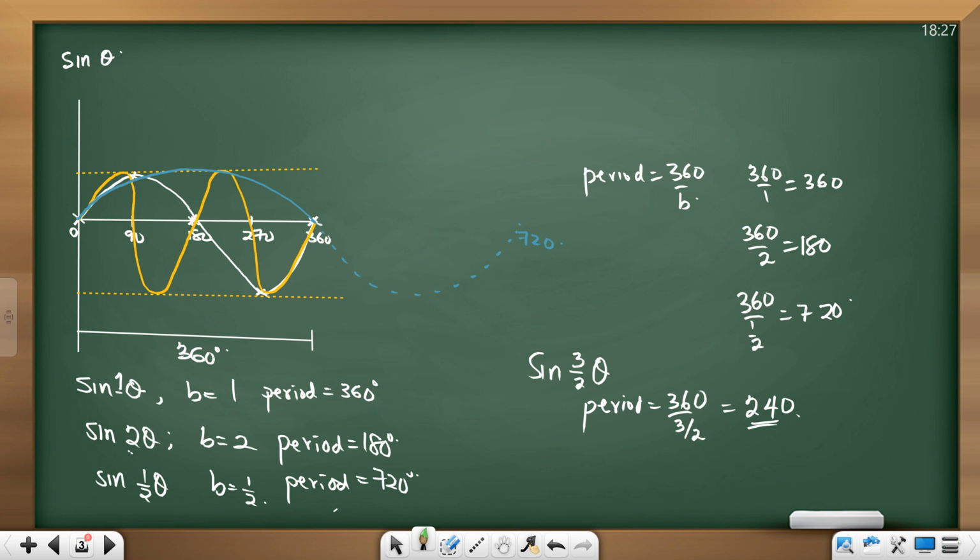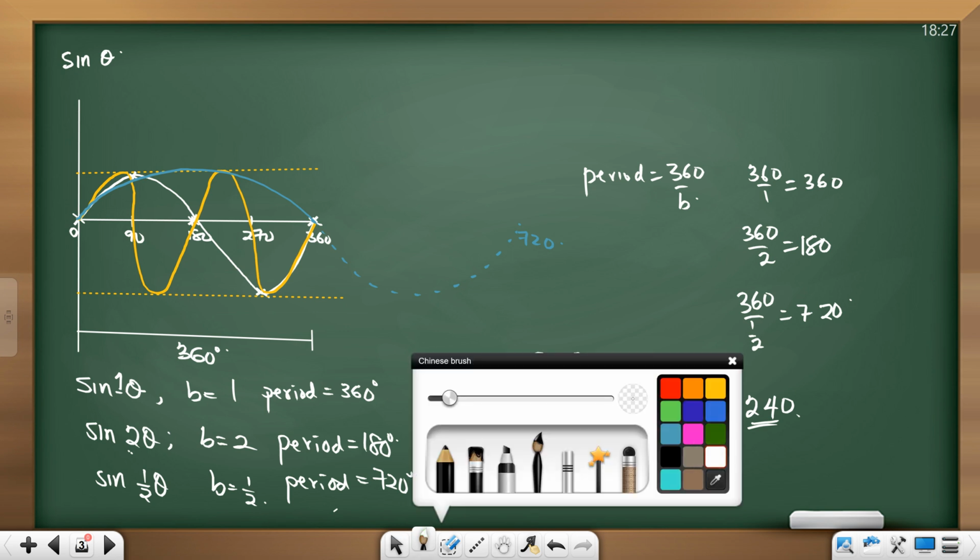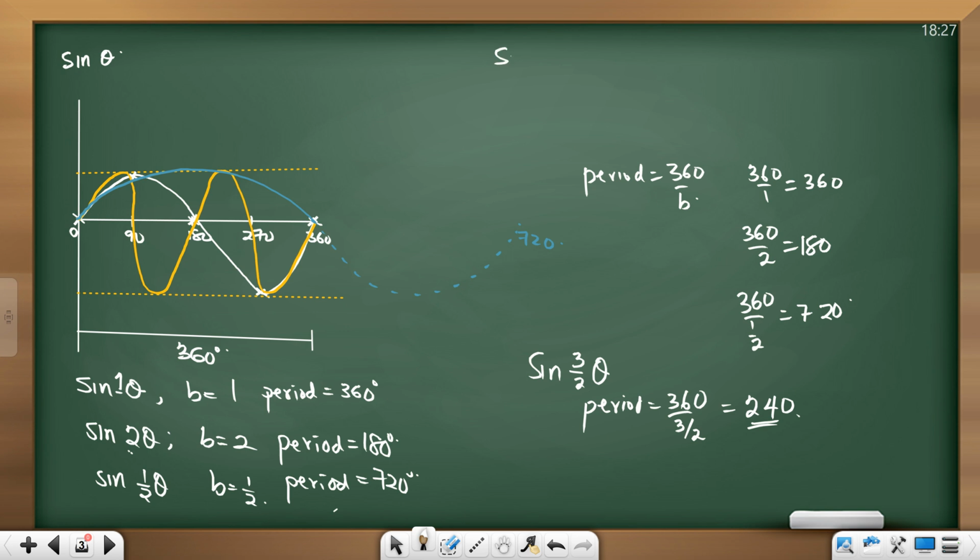So here, I was just trying to explain what I mean. Sine 1, you draw one graph in the space of 360. Sine 2, you draw two graphs in the space of 360, which means we have halved it now. The graph is now shorter. Sine half, the graph is longer. If I tell you sine 3 theta, what does this tell you?